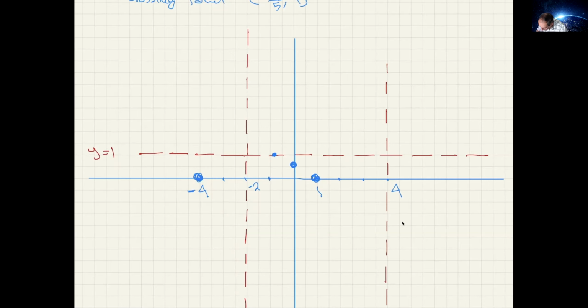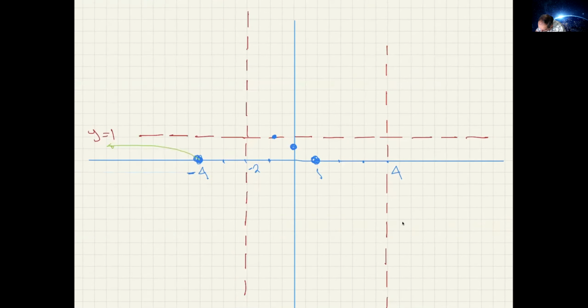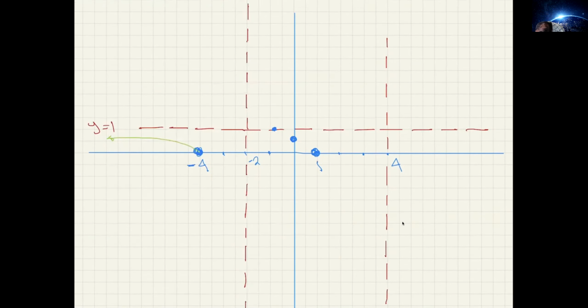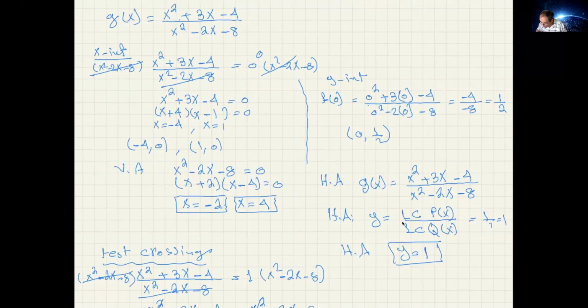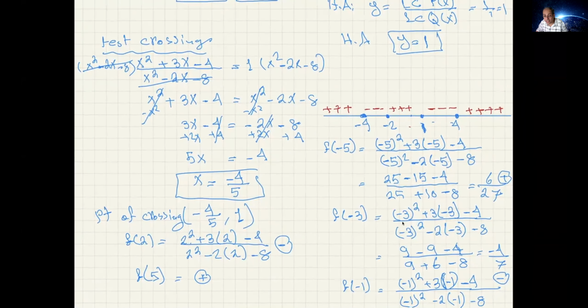I go this way. This is a positive part, and then I go down, because between -4 and -2 is negative.